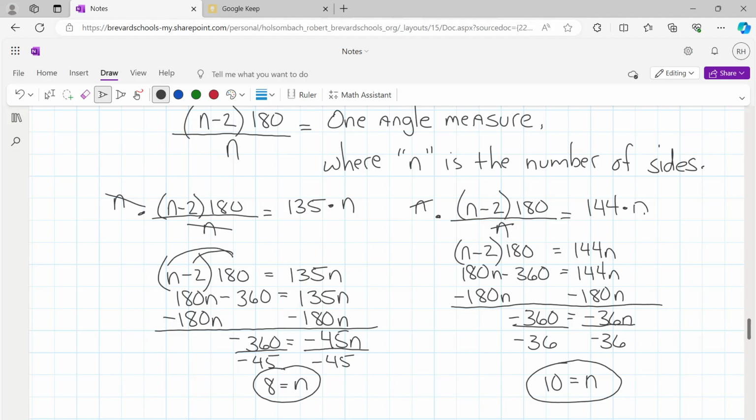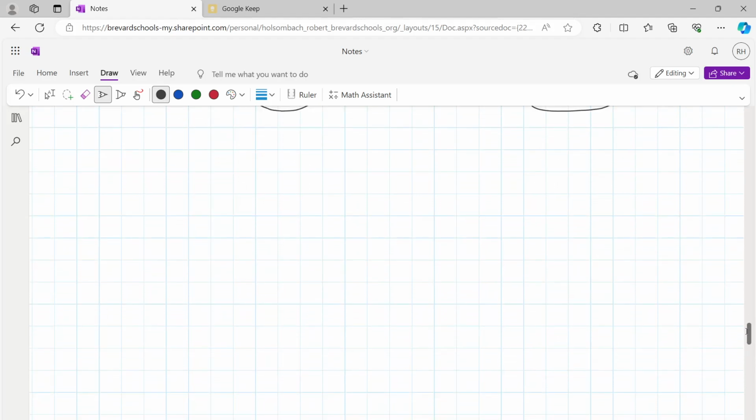On the bottom of page 396, you've got the exterior angles sum theorem.